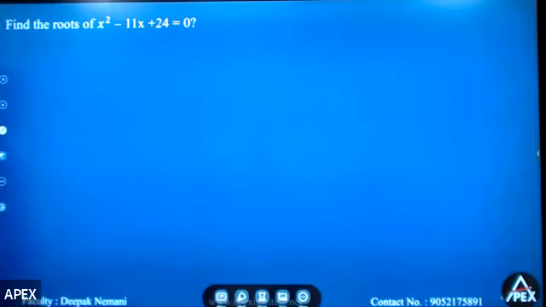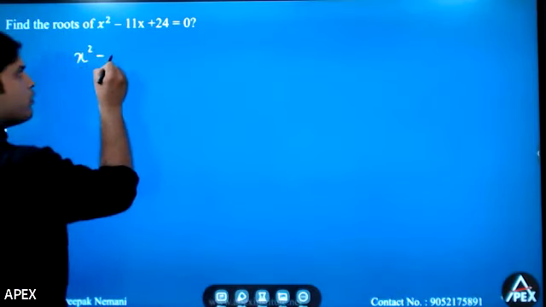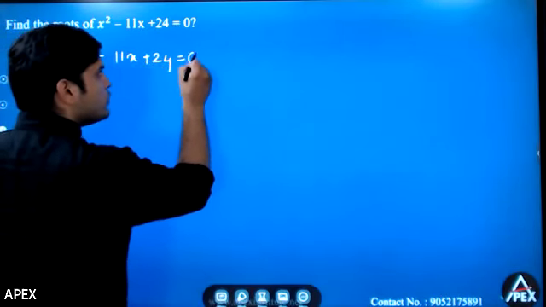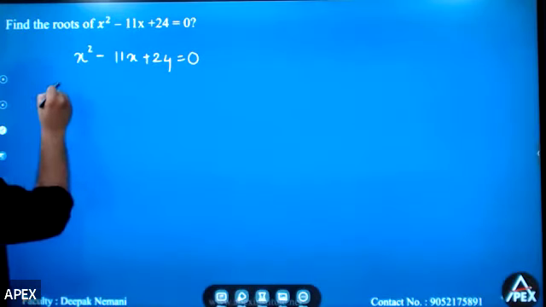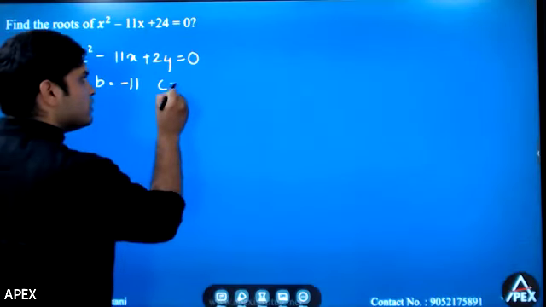Now let's solve one more question for practice. So we are given x square minus 11x plus 24 is equal to 0. So comparing this with ax square plus bx plus c, a is equal to 1, b is equal to minus 11, c is equal to 24.